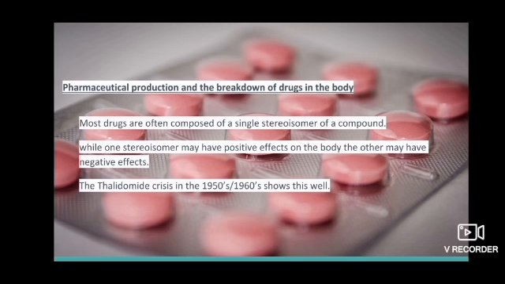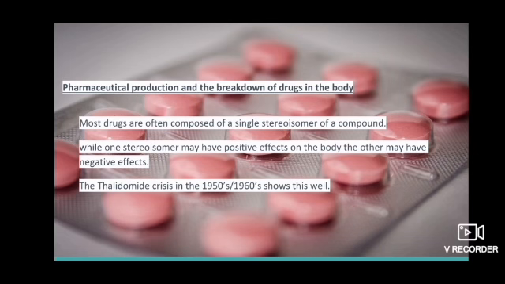Thalidomide was prescribed as a sleeping pill to lessen the effect of morning sickness in pregnant women, but as a result it caused birth defects in children because it contained a racemic mixture.